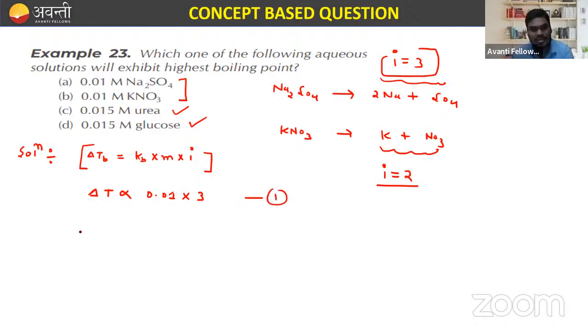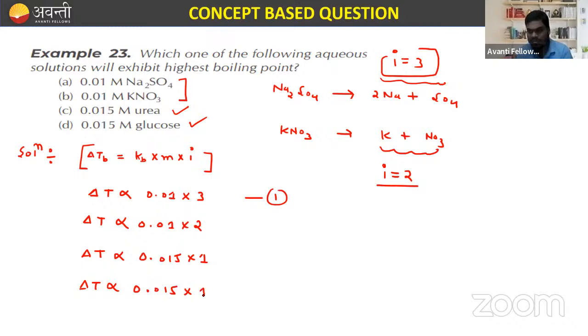Now, for the second one, delta T is directly proportional to 0.01 into 2. Now, for the next one, delta T is directly proportional to 0.015 into 1, because urea and glucose are covalent compounds, they do not dissociate or associate, right? Similarly, delta T is directly proportional to 0.015 into again 1.